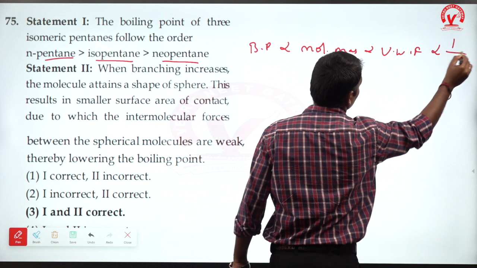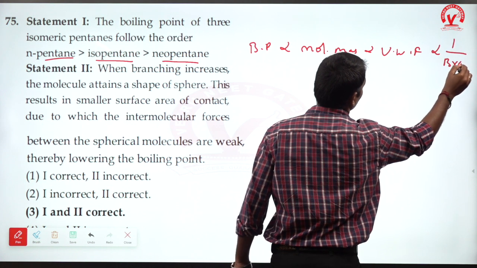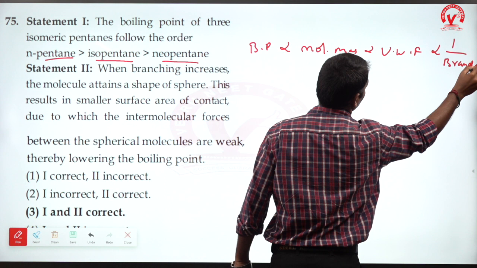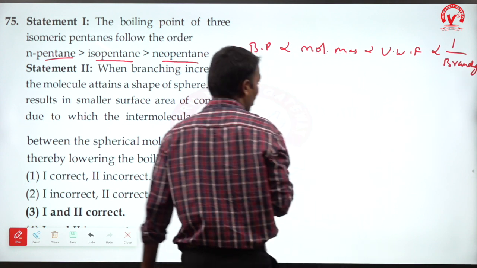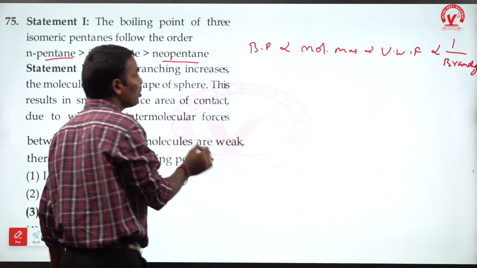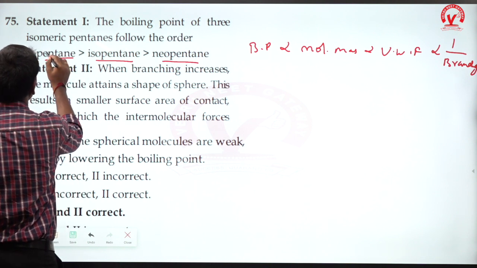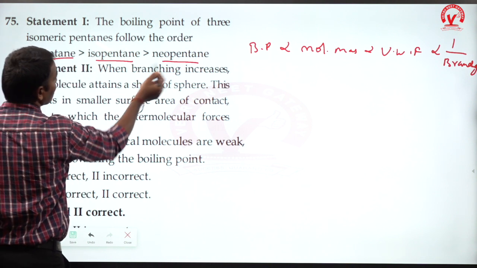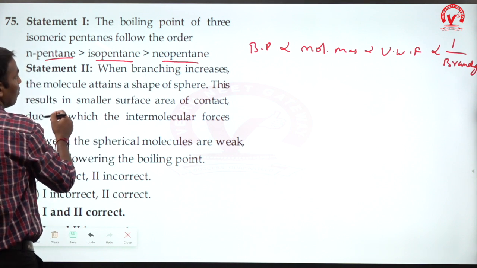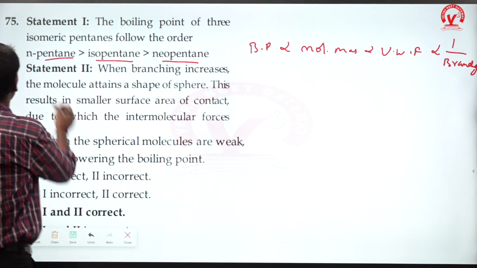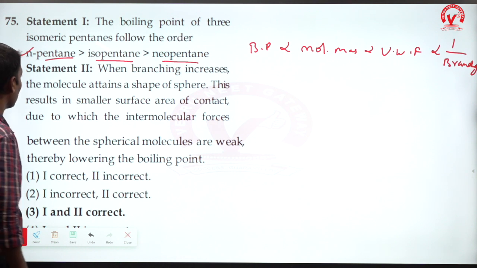It is inversely proportional to branching for isomeric forms, right? So the more the branching, the lower the boiling point. So n-pentane is C5H12, as branching increases, boiling point decreases, right? So this is the correct relation they give.